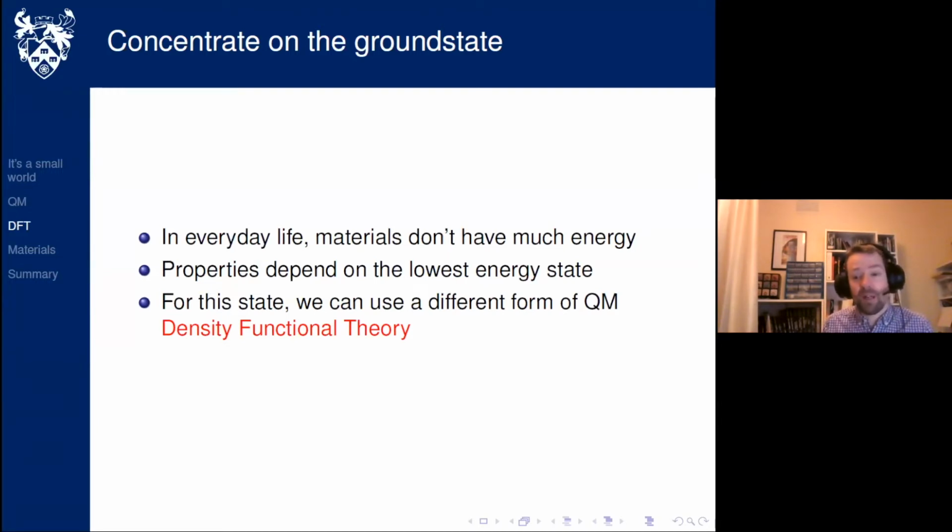And it's very important. It's why atoms exist at all. It's why the electrons can't just lose energy and decay into the nucleus and produce a neutral lump that doesn't react. The properties of a material depend almost entirely on this lowest energy state.